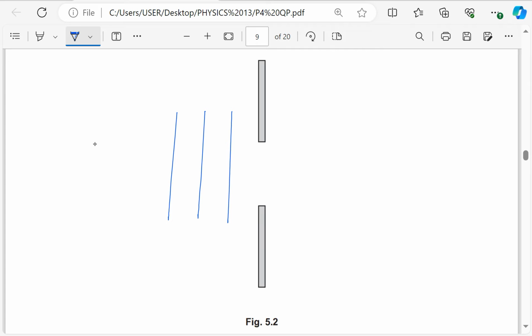So the size of the gap has changed. It means the diffraction decreases because now the wavelength is less than the size of the gap. So diffraction decreases. So the waves will be almost straight here at the center.